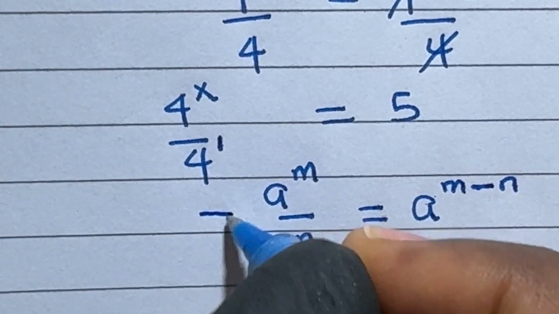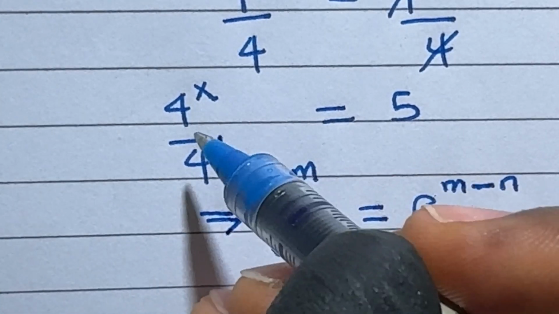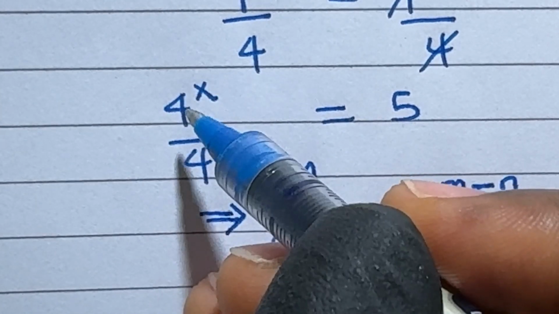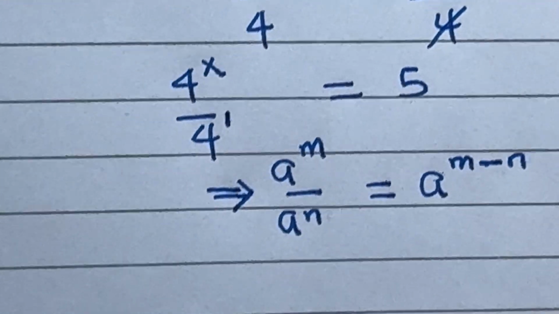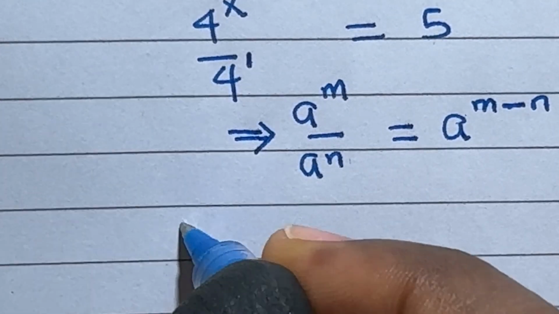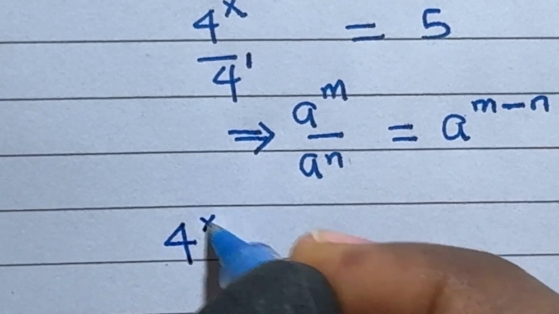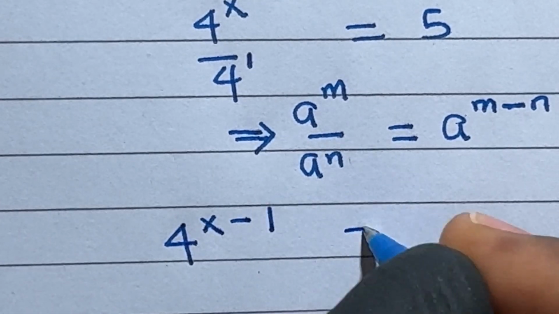So applying this law of indices, I'm going to express this as 4 raised to power x minus 1, so that I now have 4 raised to power x minus 1 is equal to 5.